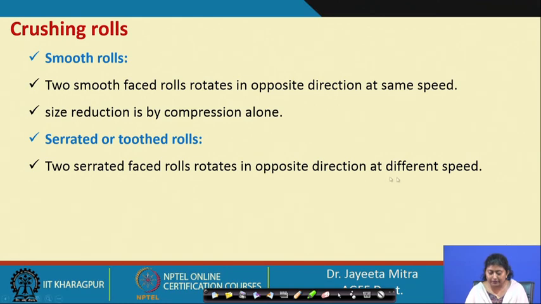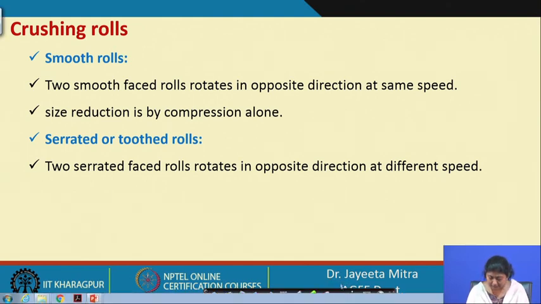So, when we want a shear kind of effect, we apply certain differential speed, so that it will break, and then the upper surface and the lower surface will be getting differentiated. So, these are the mechanisms.